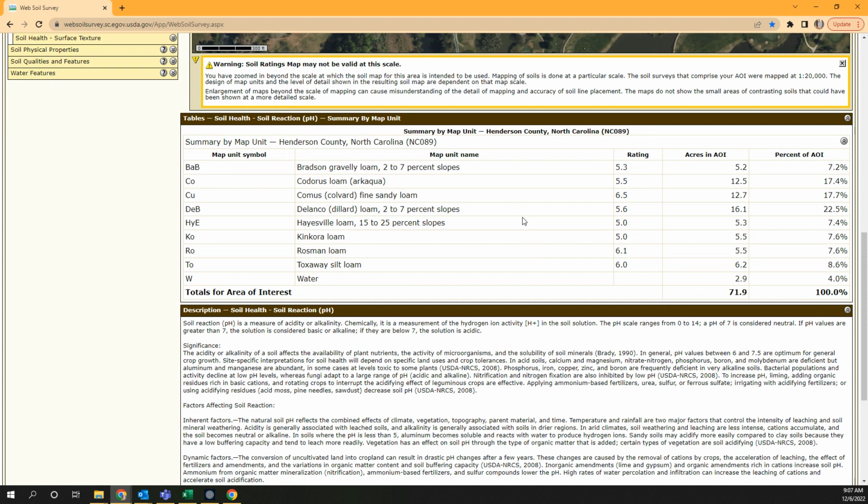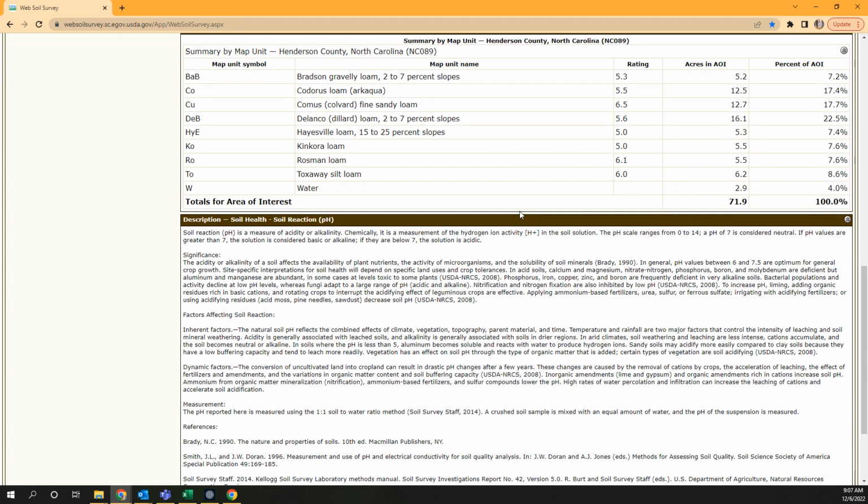When we're talking about soil pH, there are the inherent factors of the natural soil that's been undisturbed that can change the pH, which is more of what we're seeing in the soils for this rating. And then there are dynamic factors, which are when we're converting things to cultivation of land. Those can be adding lime to the soil, and that can really drastically change what this rating would be and what your pH is in the soil on site.